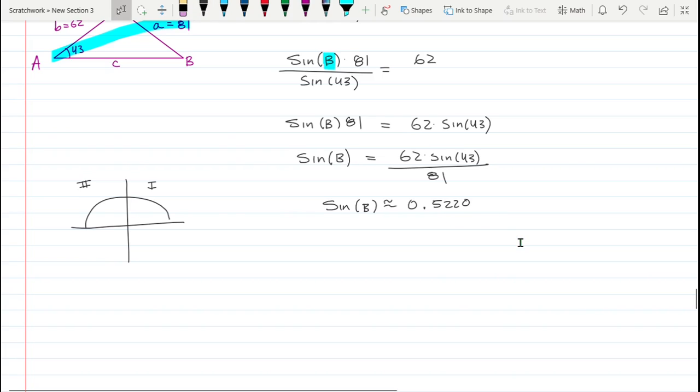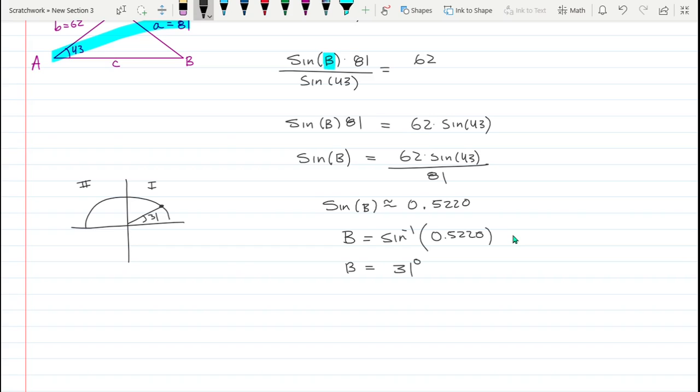Okay, so if we do sine inverse of both sides, we get that B is equal to 31 degrees. So we get that angle B is 31 degrees.